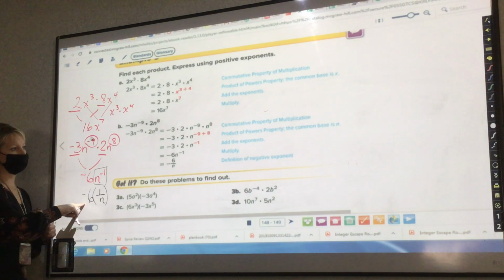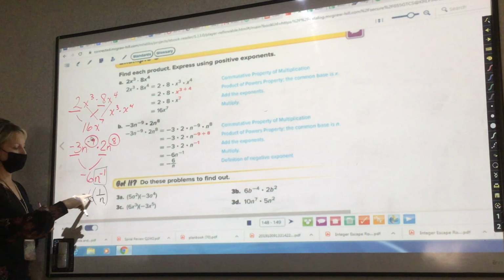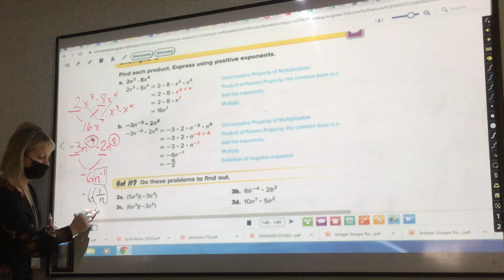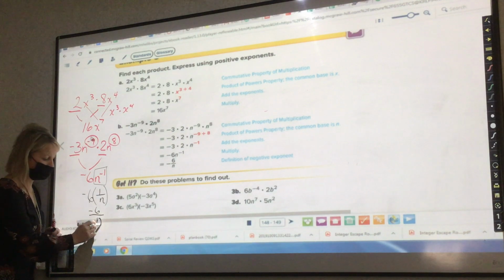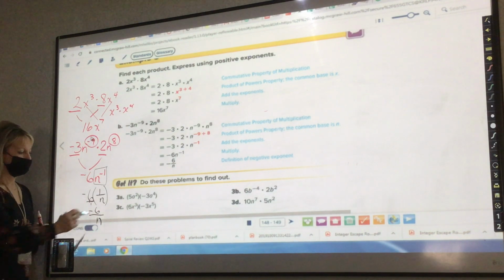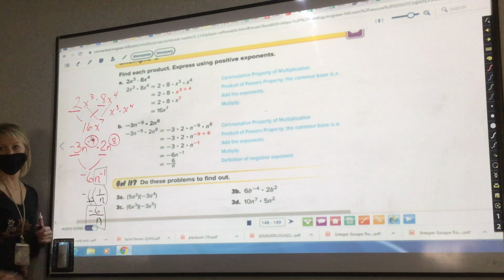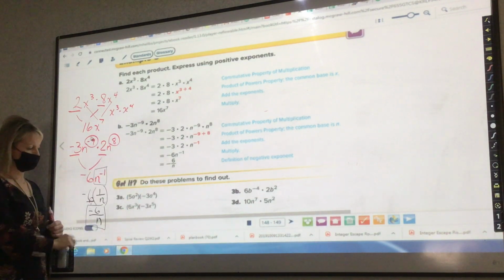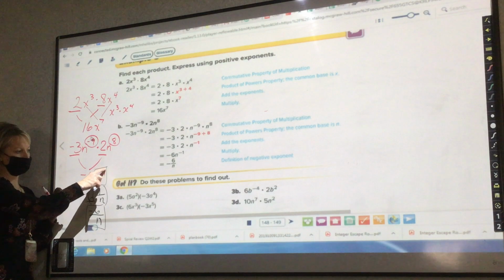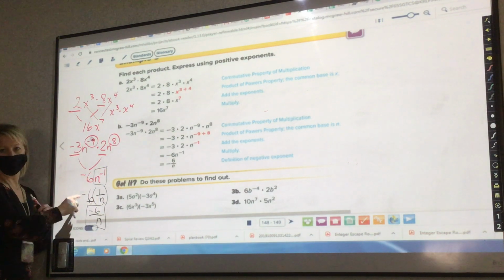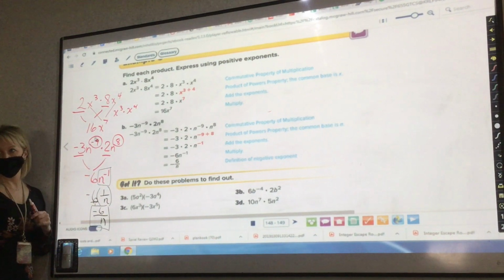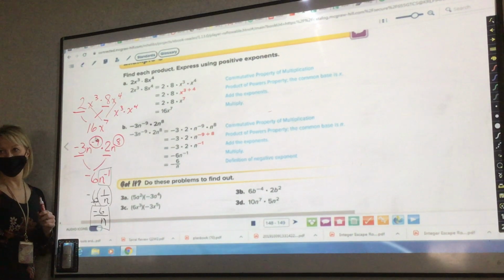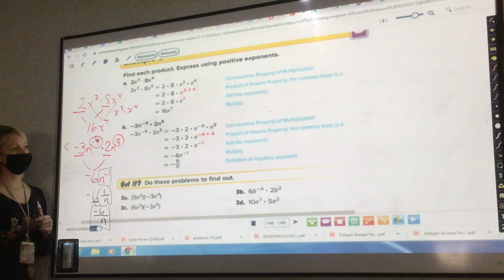And negative 6 times 1 is a negative 6 over n, because it's like 6 is over 1. Do you guys understand how I got that? Sometimes this gets a little bit confusing. Do you see how you're taking the 6 and I'm making that a fraction, and you're just multiplying your two fractions? Does that make sense? A little bit? Okay, let's try 3a.